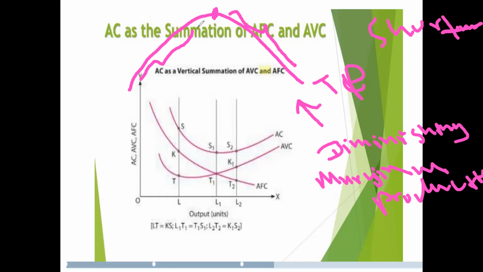Initially marginal productivity will increase, then come to the maximum and then decline.